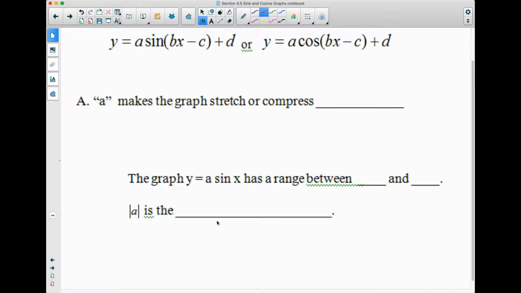So A, of course, is going to make your graph stretch or compress vertically. So our range is going to be between -A and +A. Think about all the science classes you've had before.